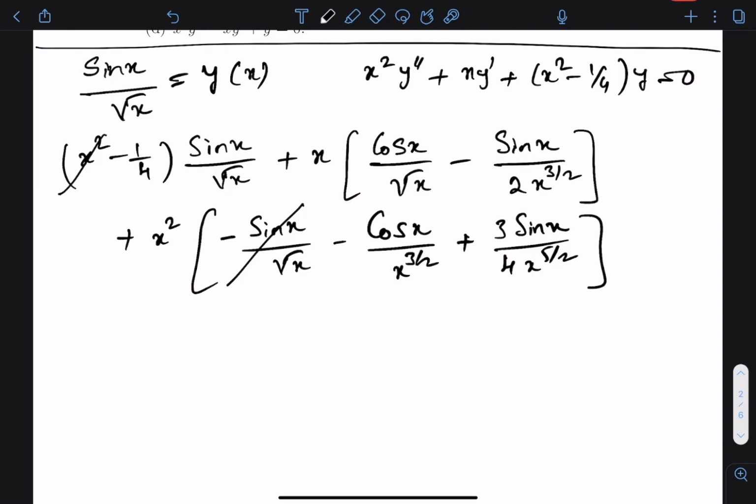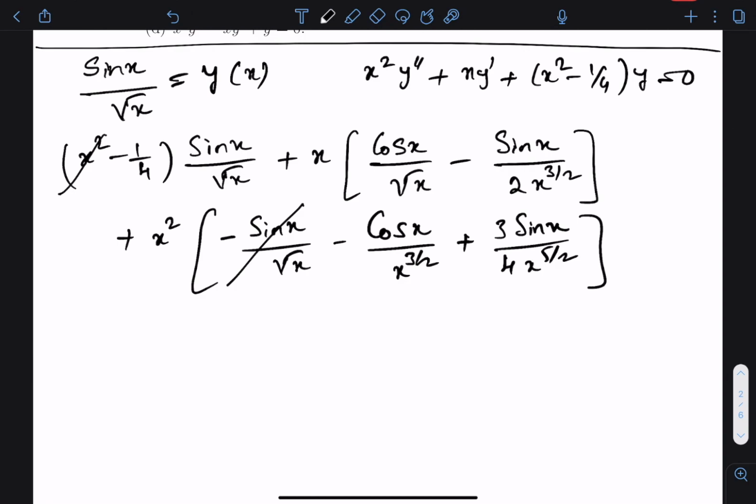The powers are 1, 1.5 and 2, so there should be a cancellation. The x times the cos term and the other cos term go away.